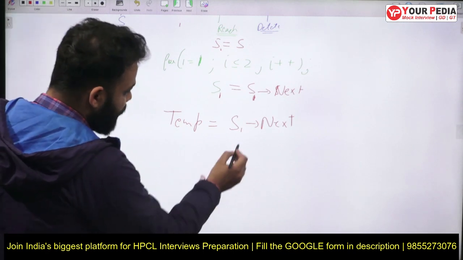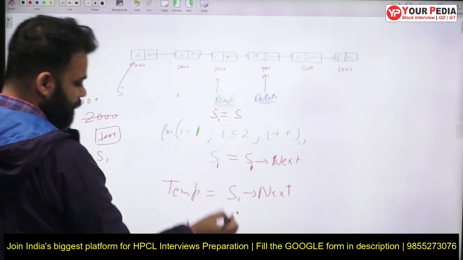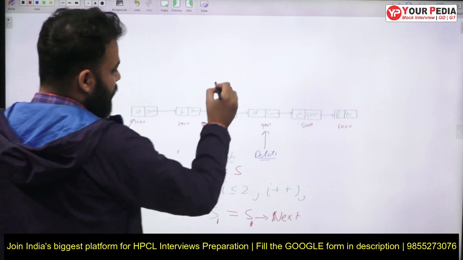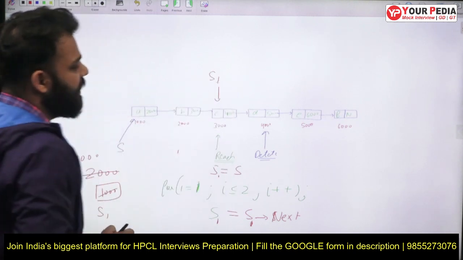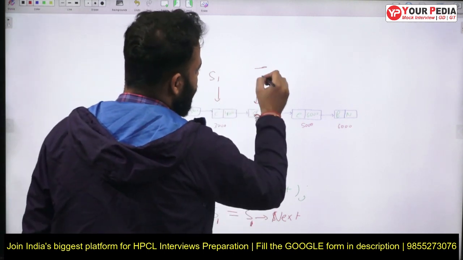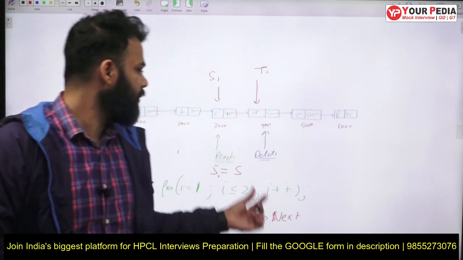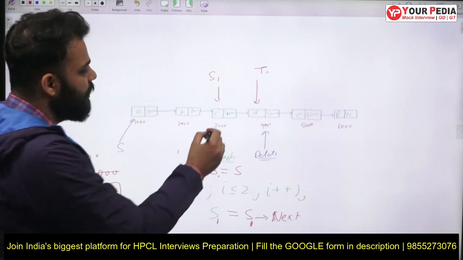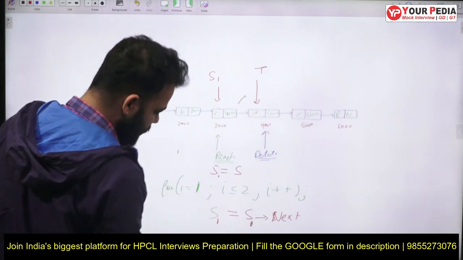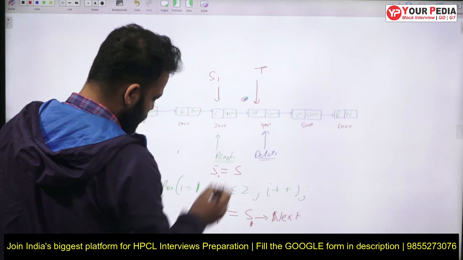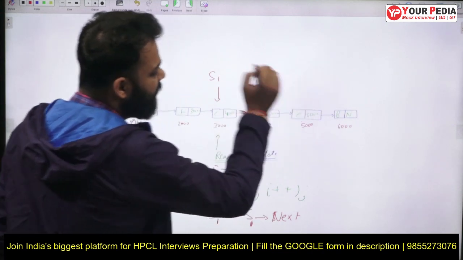So now S1 is pointing here and T is pointing here, and we have to delete this node. In order to delete this node, we will point this S1 directly to the 5th node.